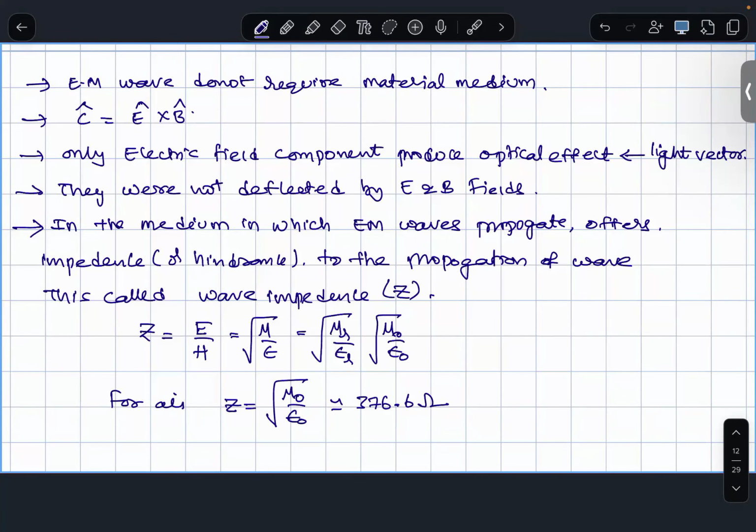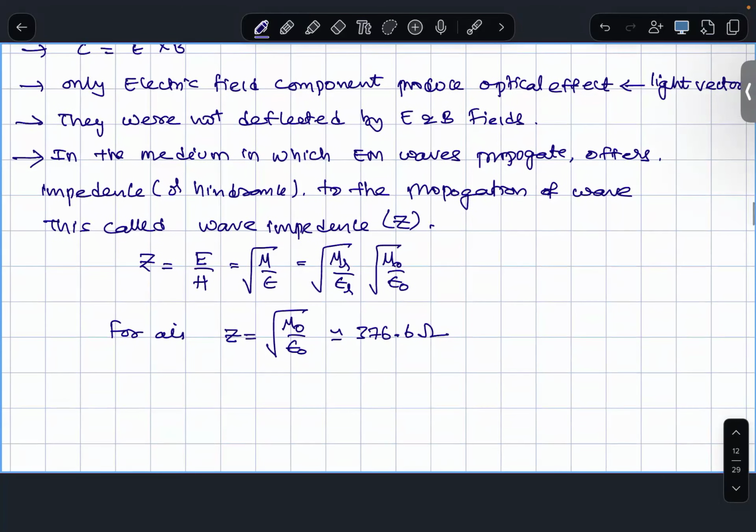Okay. And one more important point: electromagnetic waves are oscillating fields. So they should satisfy the condition: dou square B by dou X square is 1 by C square times dou square B by dou T square, or dou square E by dou X square is 1 by C square times dou square E by dou T square, for a plane electromagnetic wave.